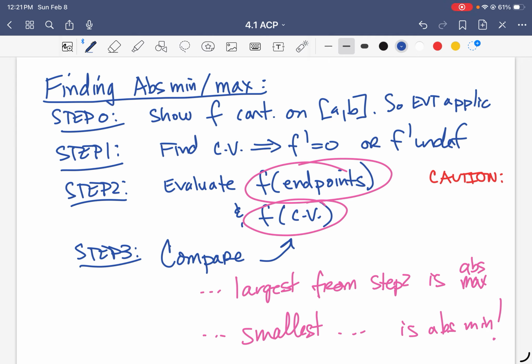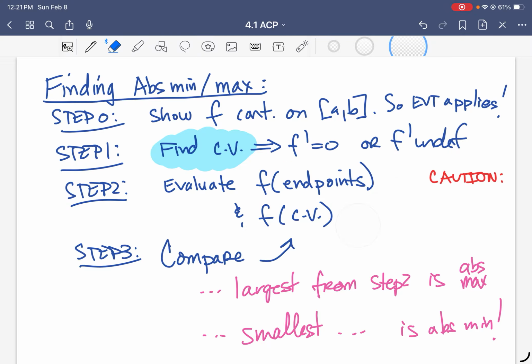That's really what we're trying to say, that we can find an absolute min or max. We don't have to waste our time doing these if this is not true, or we have to use another tool. Step 1 is to find your critical values. Step 2 is to evaluate f of the endpoints and f of the critical values.